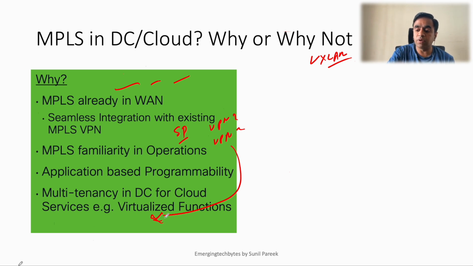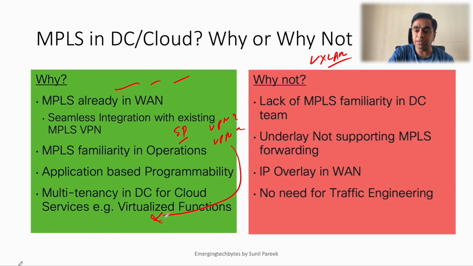But then there were a few factors which were against it. DC teams were not that familiar with MPLS. That's what our customers also tell us, that we don't understand MPLS at that depth. It is primarily an SP solution.